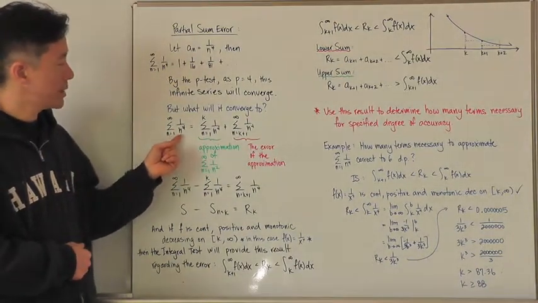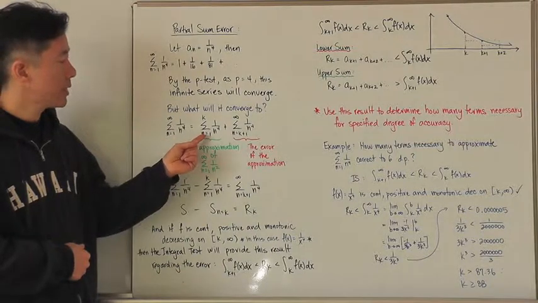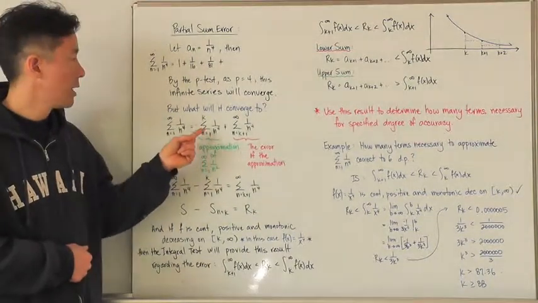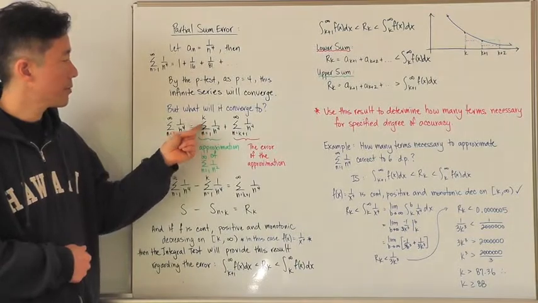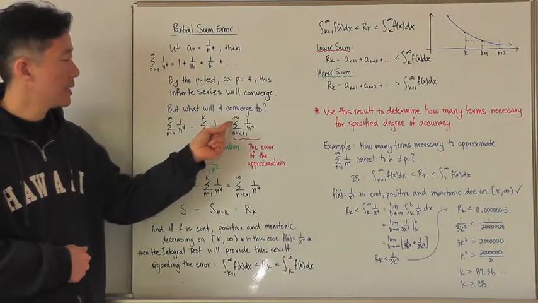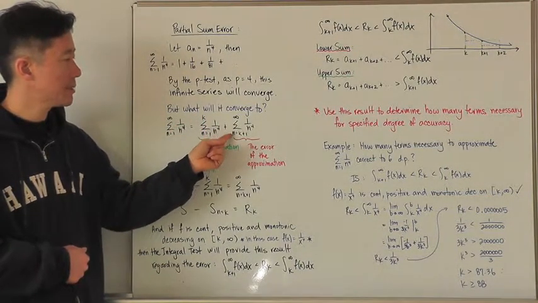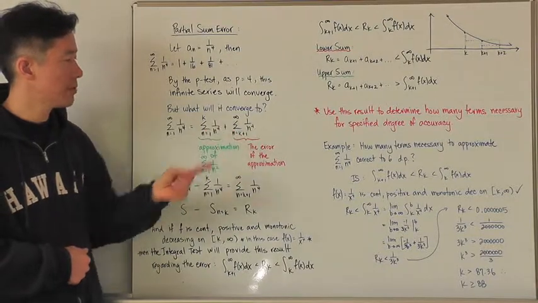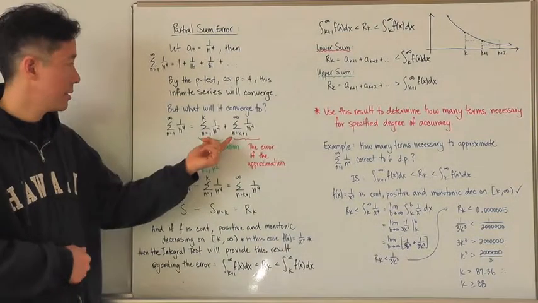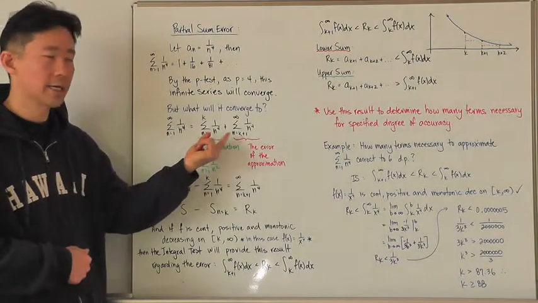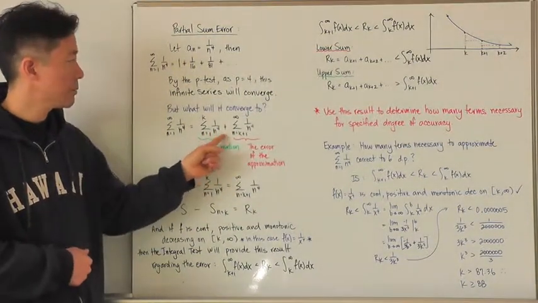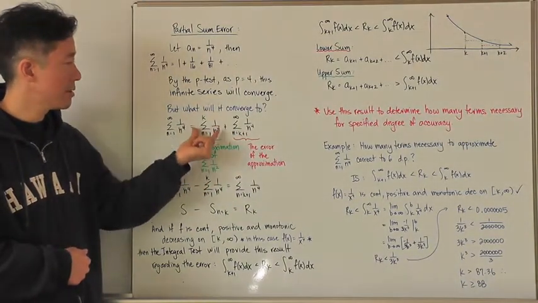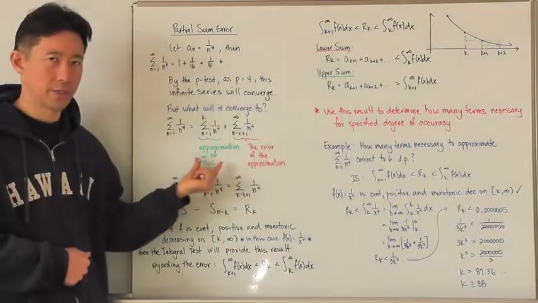Here's our infinite series, and I'm going to break this up into two series. This is the summation from n equals 1 to k plus the summation from n equals k plus 1 to infinity. Now, it should be obvious that these two are exactly the same. It's just that this part is going to be considered the partial series.